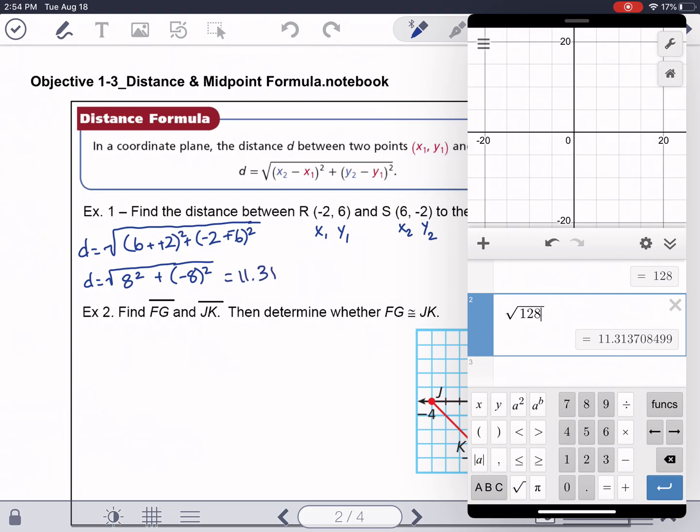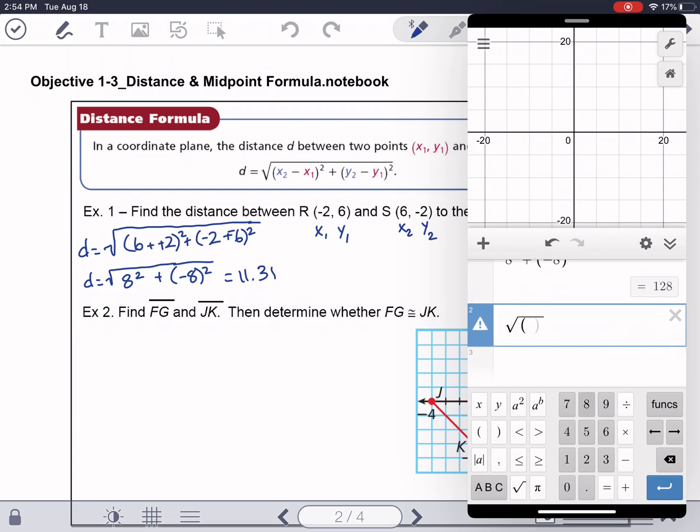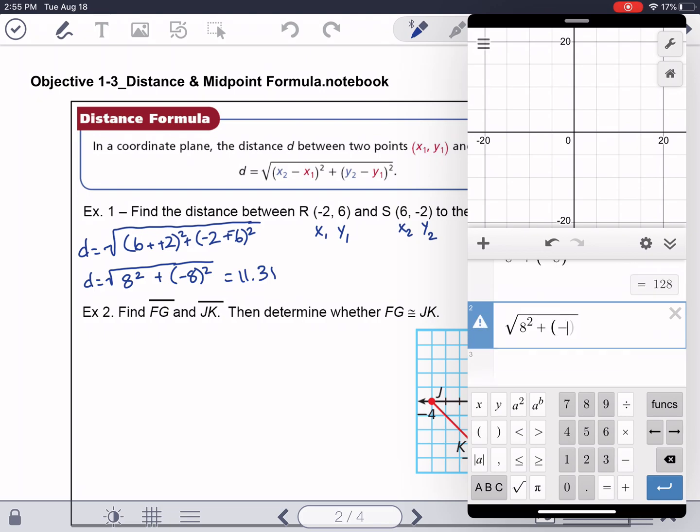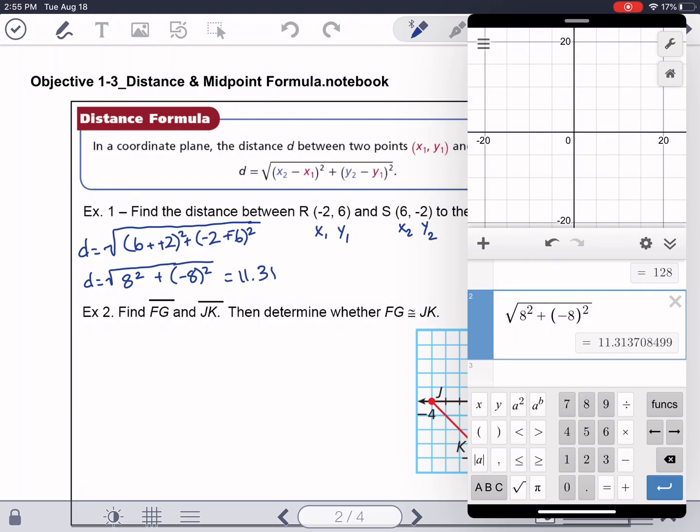Now, yes, you could have typed, actually, you probably would have typed it like this. If you wanted to type everything in like that, you can. Just remember, when you square a negative number, it is not negative.